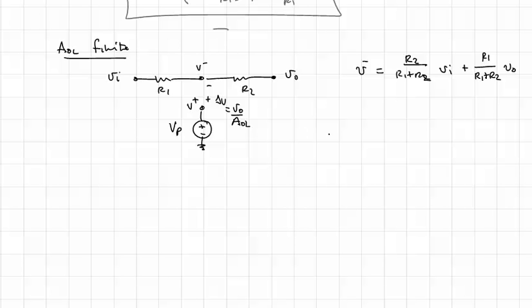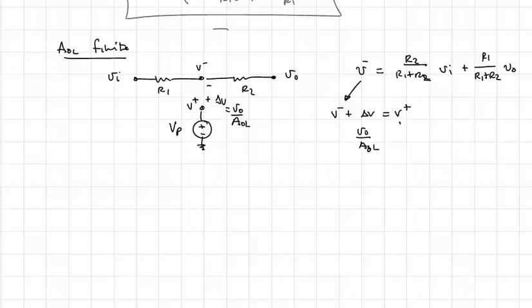Now we could write a statement where we note that V minus plus delta V is equal to V plus. That's the same thing as just defining delta V as being V plus minus V minus, which is by definition what delta V is. But now I have this expression for V minus, and for delta V, we're going to write VO over AOL.